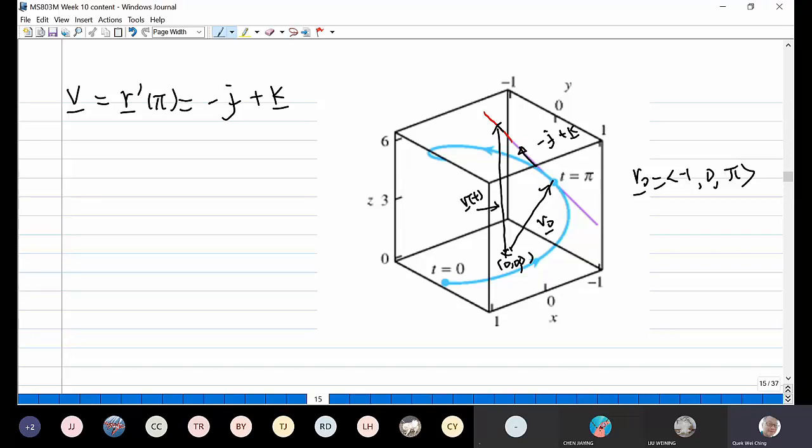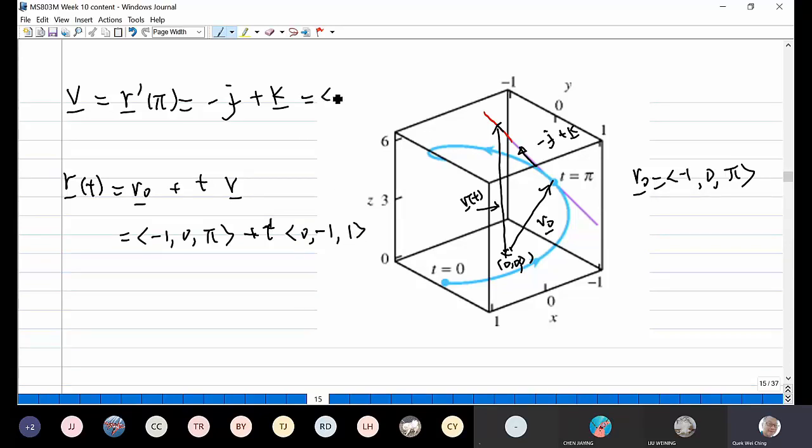So r(t) is equal to r0 plus tv. r0 is minus 1, 0, pi. v in this case is 0, minus 1, 1, in terms of i, j, k.